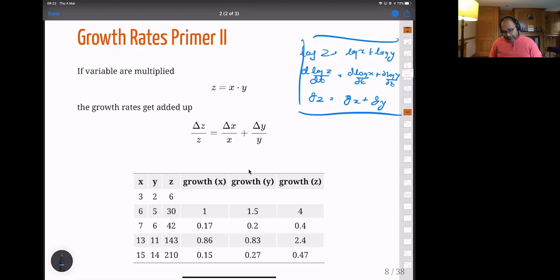What that basically means is this, so let's take it. Yeah, these numbers are not looking good.